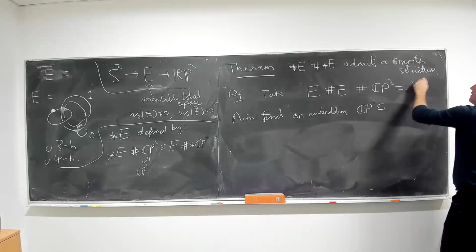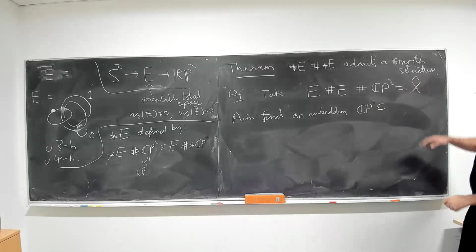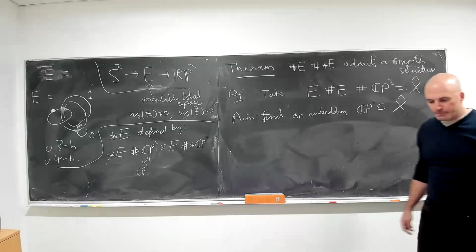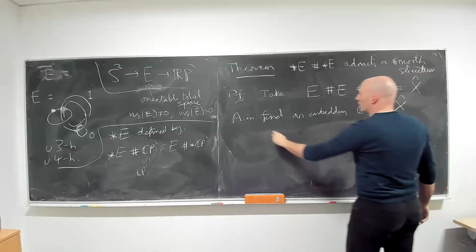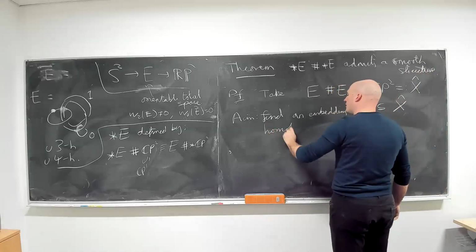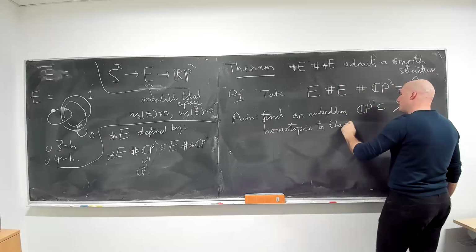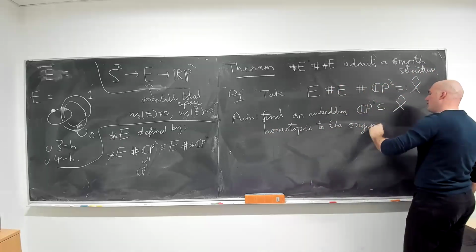I call this X hat just because I wanted a name for it. So I want to find an embedding of CP1 in there which is homotopic to the original CP1.